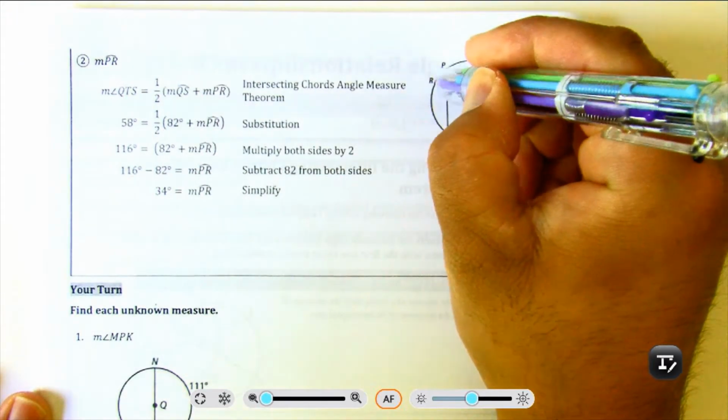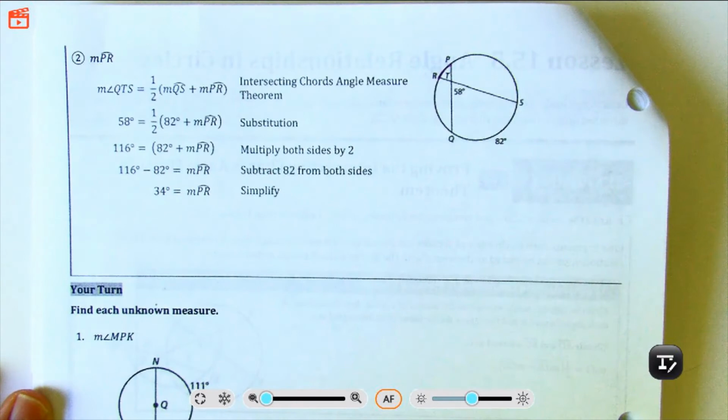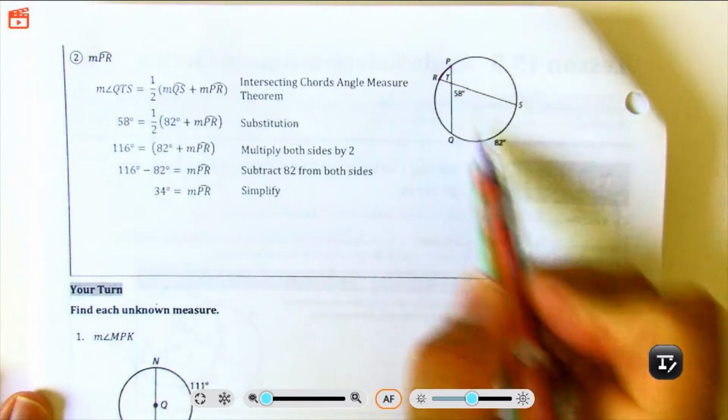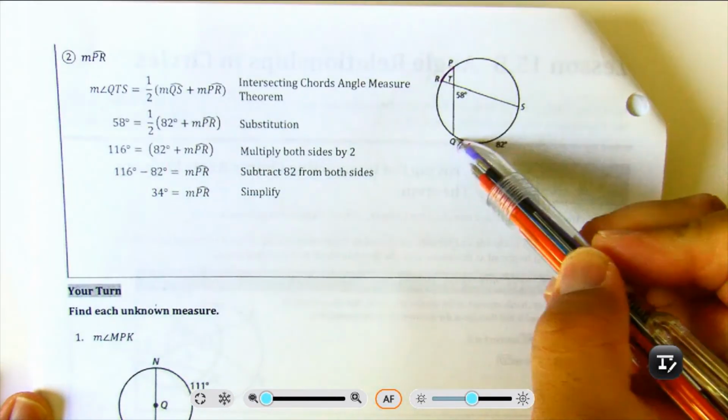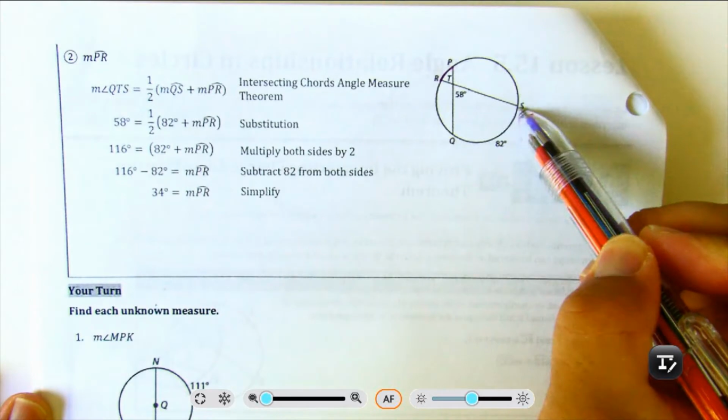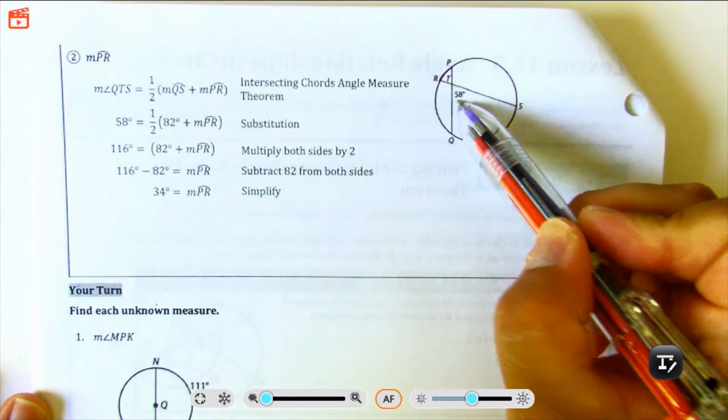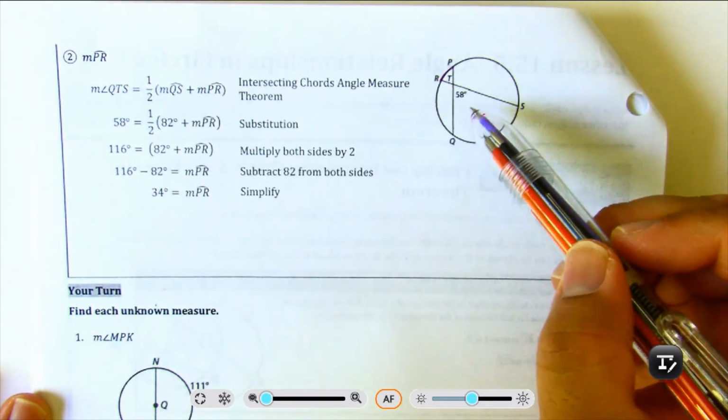We do have an equation, and the equation involves the angle that is formed and the two arcs. So we set up the equation the same way as the last problem. The measurement of angle QTS, so this measurement, is equal to half of arc QS plus arc PR.